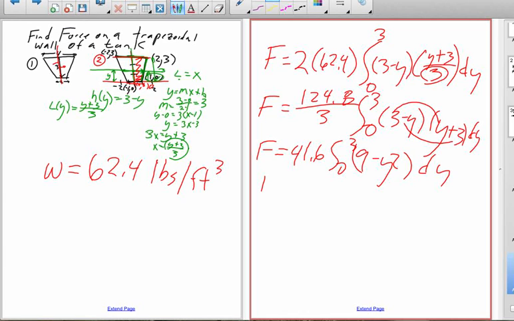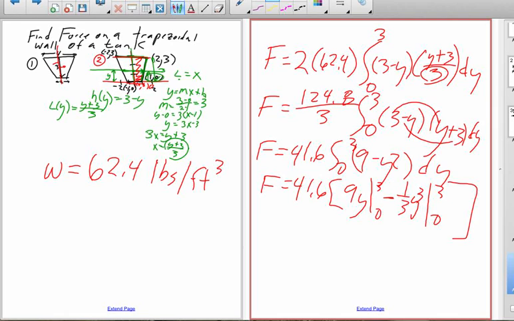So that gives me force is going to equal 41.6 times 9y, again evaluated from 0 to 3, which is going to be nice because the 0 term will drop out on us, minus 1/3 y cubed, evaluated from 0 to 3. Or force is 41.6 times 9 times 3.